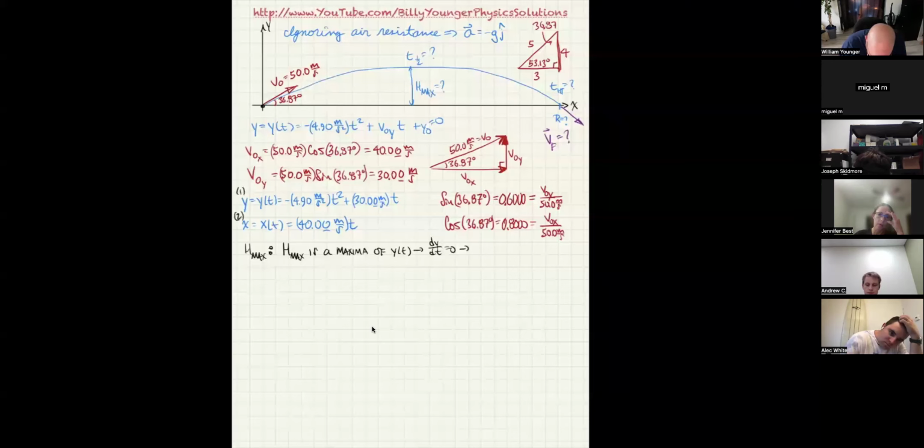If I take the derivative of that, the derivative of negative 4.9 t squared is negative 2 times 4.9 times t, and of course, that means negative 9.80 meters per second every second times t, plus I take the derivative of 30.00 meters per second times t. That just gives us the 30 meters per second.